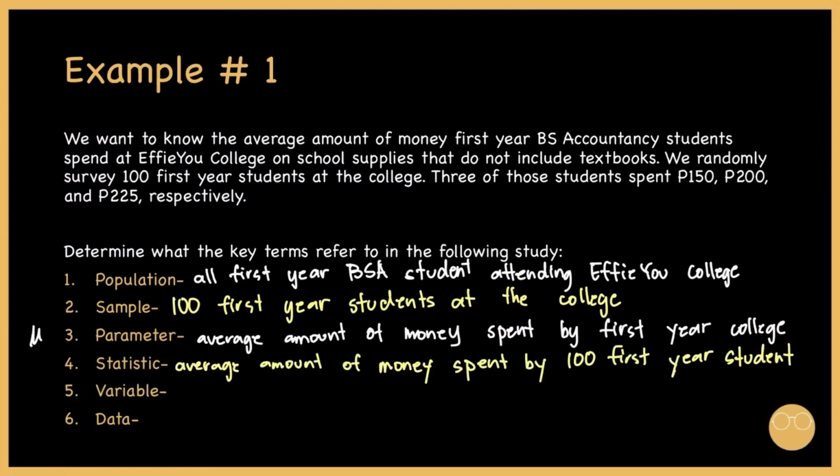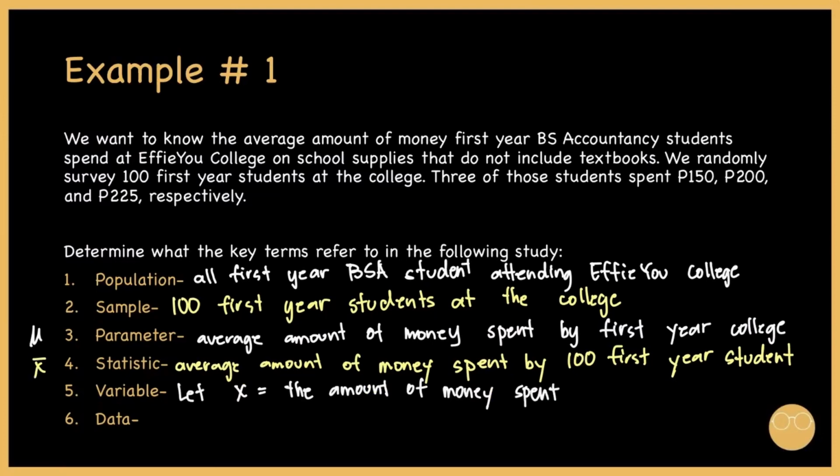Since statistic pertains to the sample, it will be the average of the money spent by the first year students. We will limit it to the 100 first year students at the college. In this case, this will be represented by the X bar.